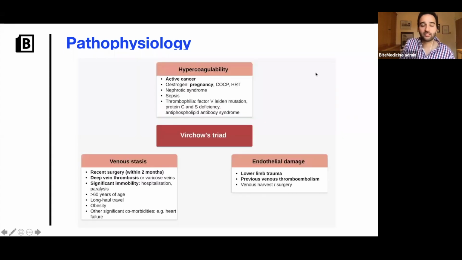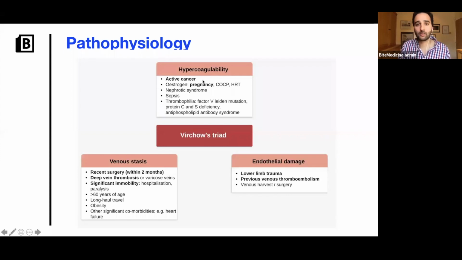So here is your Virchow's triad. Virchow's triad covers hypercoagulability, endothelial damage, venous stasis. And like I said, this helps you remember your risk factors for PE and DVT, any type of thrombus. The ones in bold are the major risk factors as per NICE guidelines, and the other ones are kind of minor risk factors.